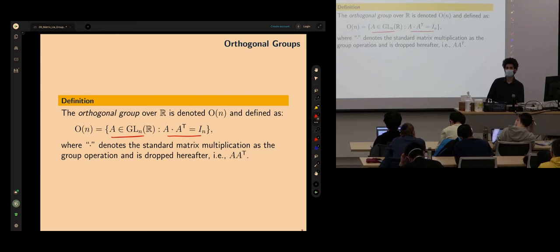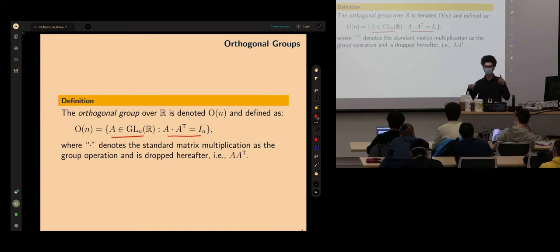An orthogonal matrix, its inverse is its transpose. Because when you multiply two matrices, you're really taking the dot product of each row with the columns of the second matrix.